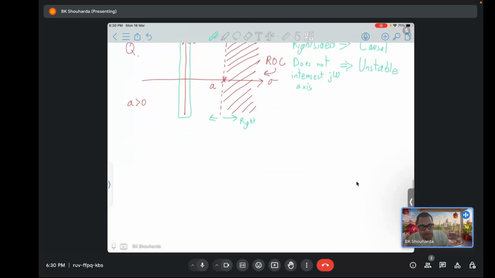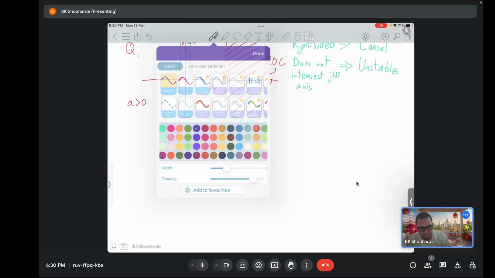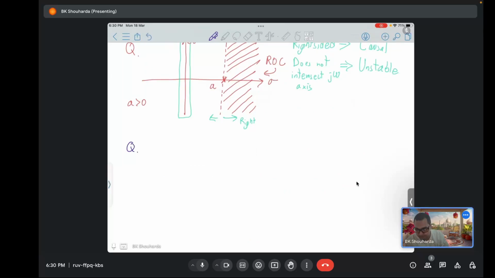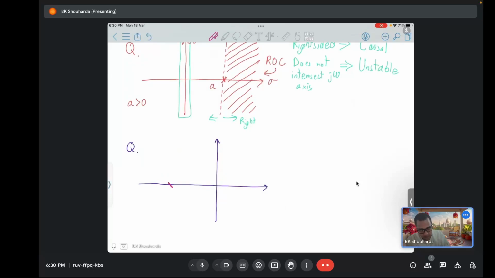Now one more final question on ROC that will revise everything. So this is one pole and the corresponding ROC.